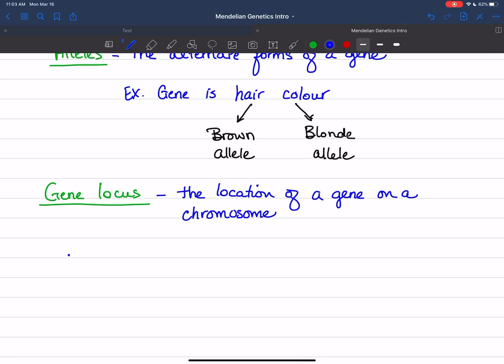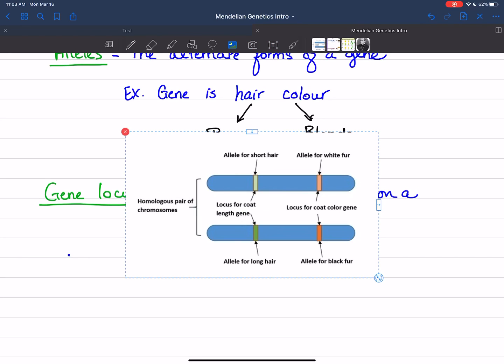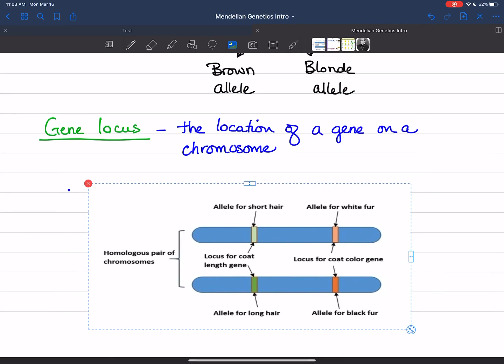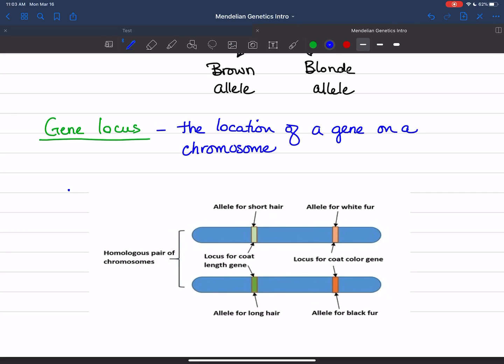Now, in order to show you that, what I'd like to do is add a little picture on here that gives you the idea of a particular locus for a gene. So this is the allele for short hair, allele for long hair, but the gene is coat length.